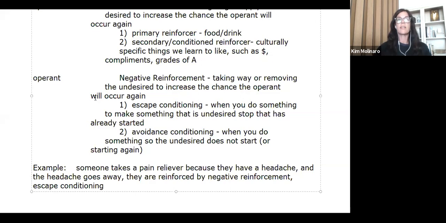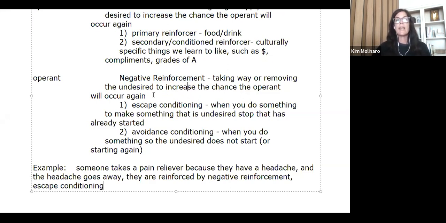Okay, so far, let's recap. In response to an operant, if you're given the desired, it's positive reinforcement. If it's food or drink, it's primary. If it's learned, it's secondary conditioned reinforcer. Negative reinforcement is often confused. It's not punishment. Even the news often will present it as, you've got to negatively reinforce your children. Yeah, you do, but you're not punished. That's not punishment. Negative reinforcement is a reward. It's awesome.